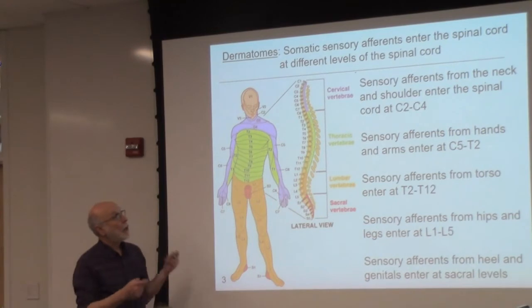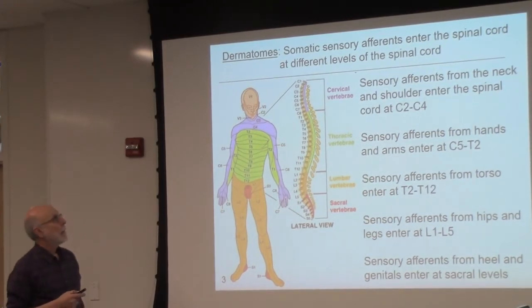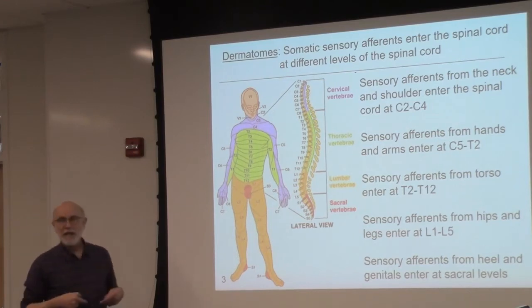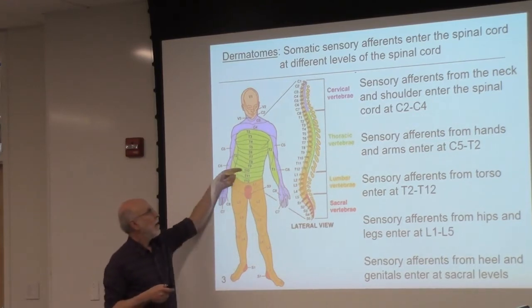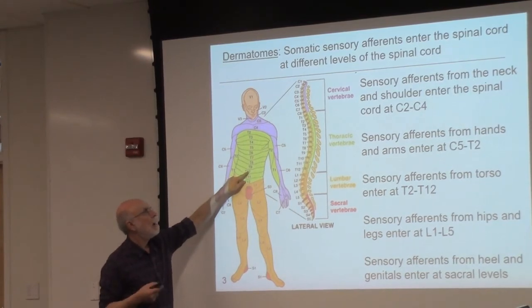So you've heard about the dermatomes. The idea here is that there's a section of our skin, the T10 section around our belly button.